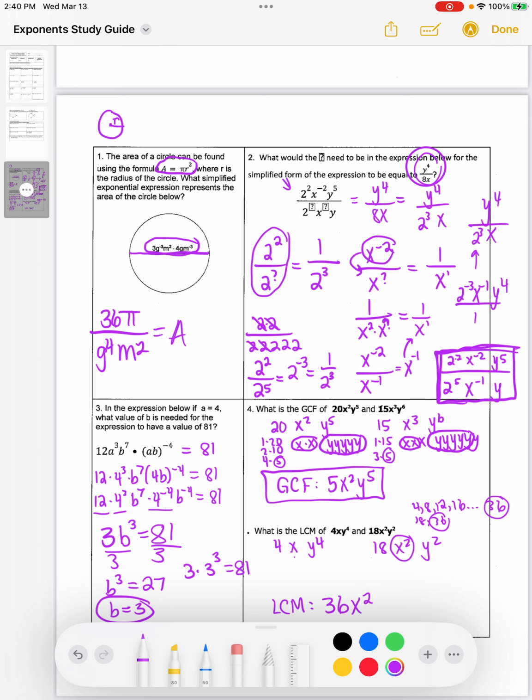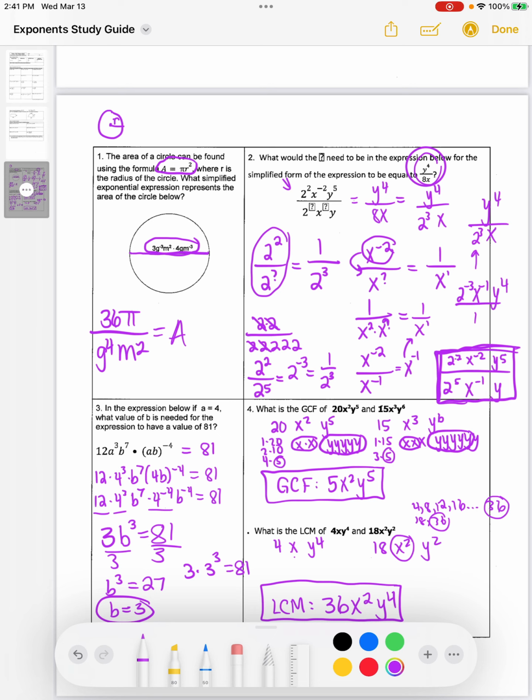For y to the 4th power, that's y times y times y times y. y squared is just y times y. The least common multiple is the smallest number of y's that you can turn all of the other ones into. It's going to end up being the largest of the options. So the least common multiple would be 36 x squared y to the 4th.